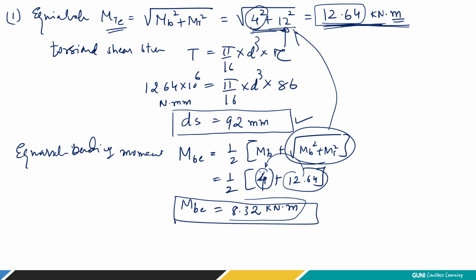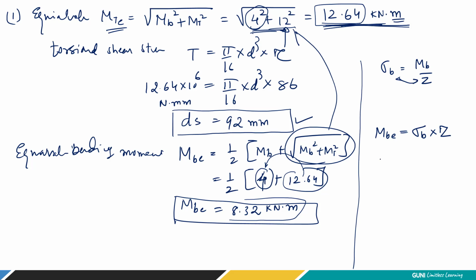Now from the equations, let's find it. How can we find? Very simple. Bending moment is equal to bending stress into section modulus Z, right? If you could not recall, just try to recall the bending theories: bending moment divided by section modulus Z. We are simply multiplying these two terms.